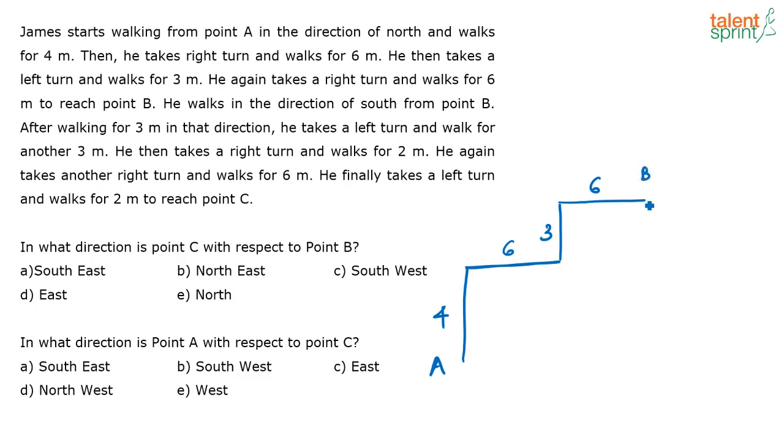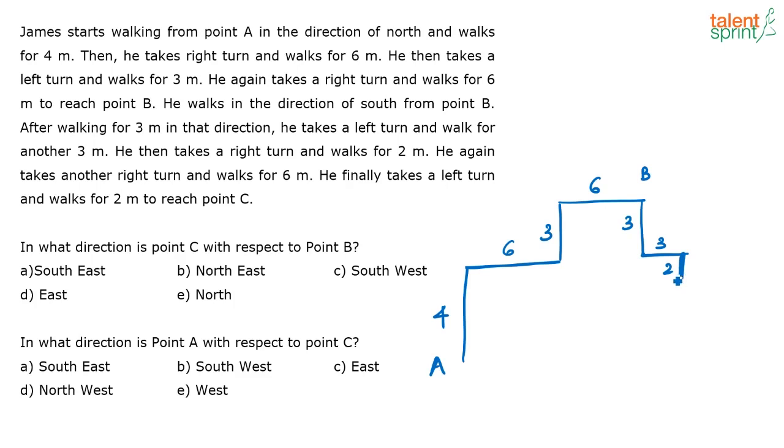Next, he walks in the direction of south of point B. After walking for 3 meters in this direction, he takes a left turn and walks for another 3 meters. Then he takes a right turn and walks for 2 meters.